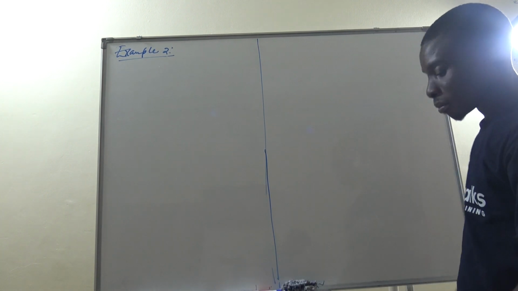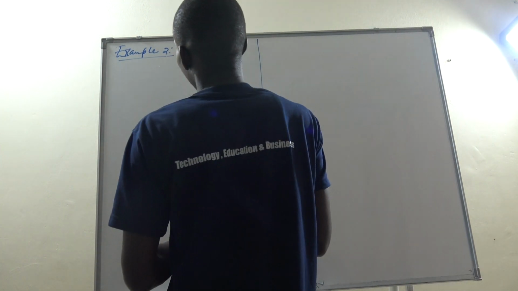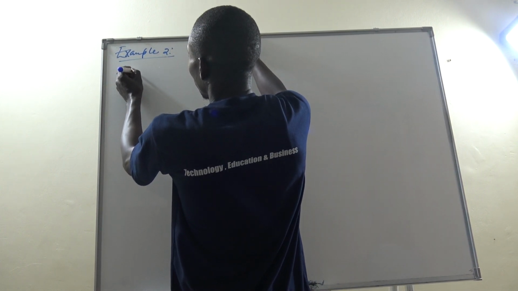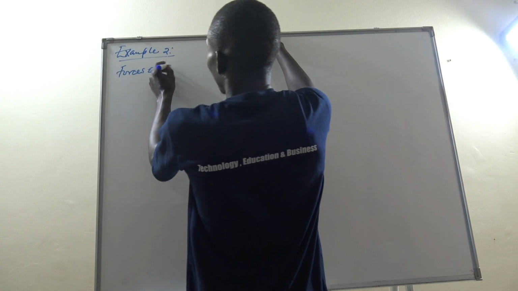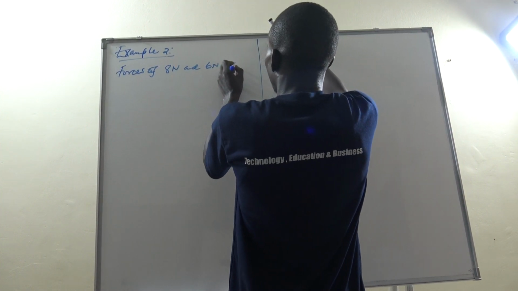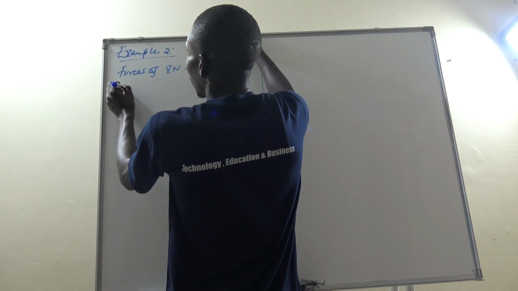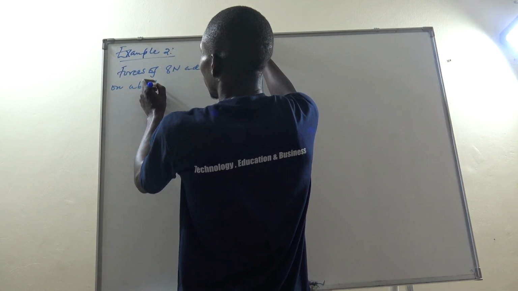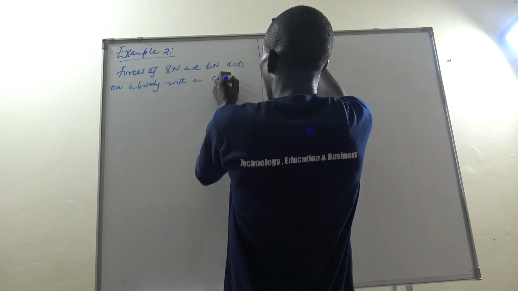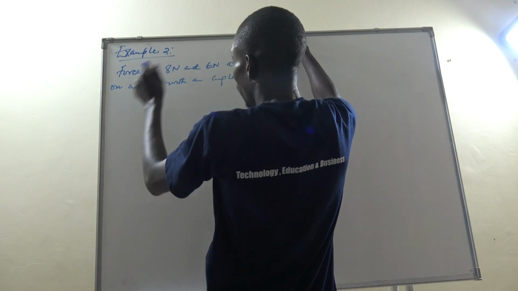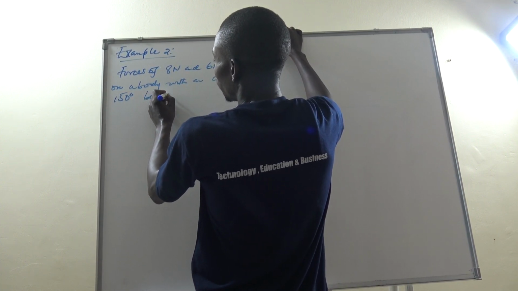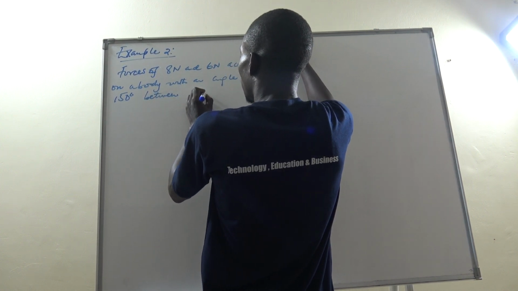So let's have our example here. It says that forces of 8 Newton and 6 Newtons act on a body with an angle of 150 degrees between them.